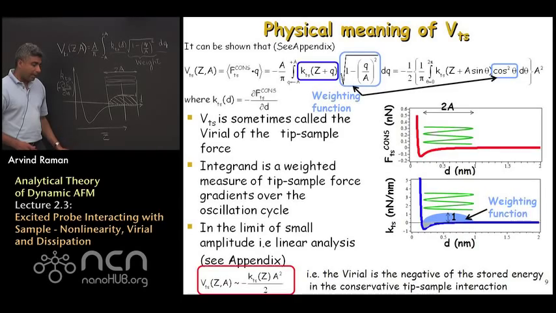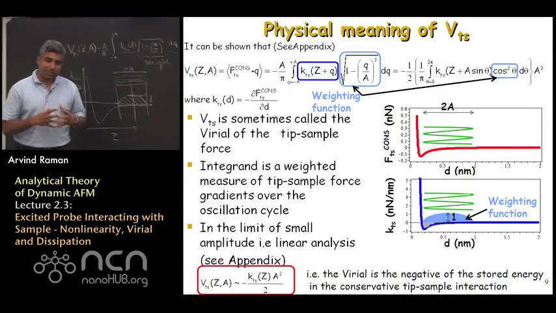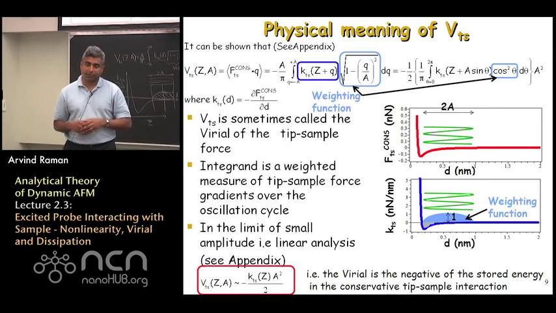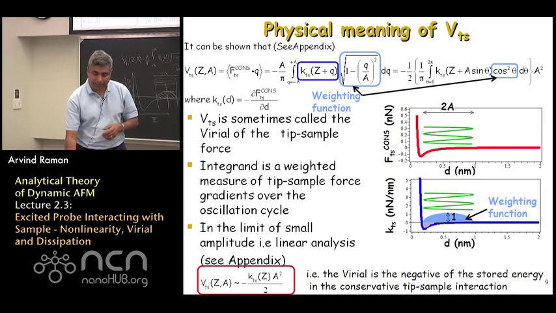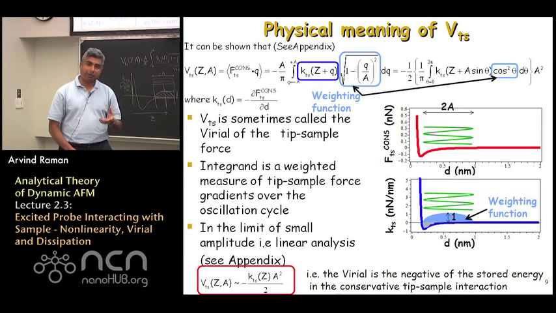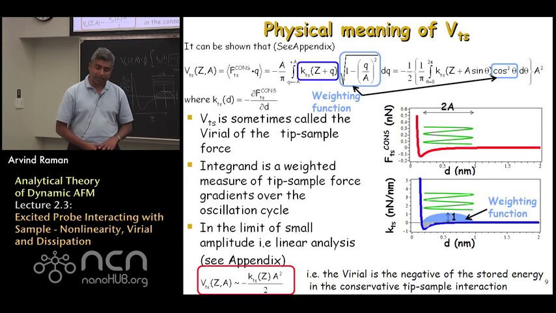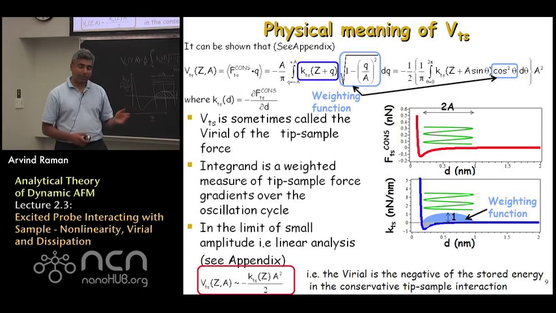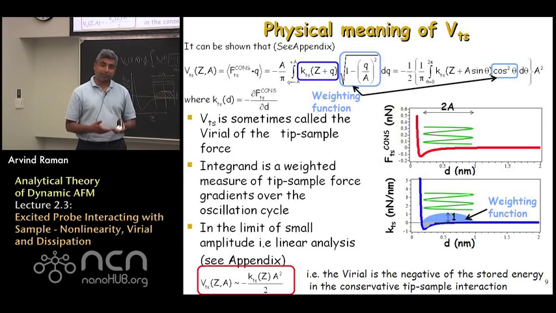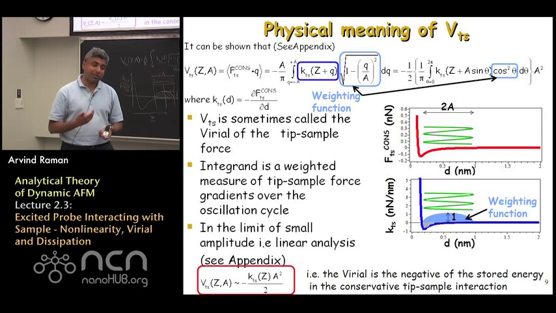So with this expression, we can go back to the formula shown in the slide. And if you take a look at the limiting case when the oscillation amplitude is very, very small, i.e. we're dealing with linearized analysis, you can show, as I've shown in the appendix, that the virial, which is a function of z comma A, can be very easily described as the tip sample interaction gradient at z, KTS, times A squared divided by 2.